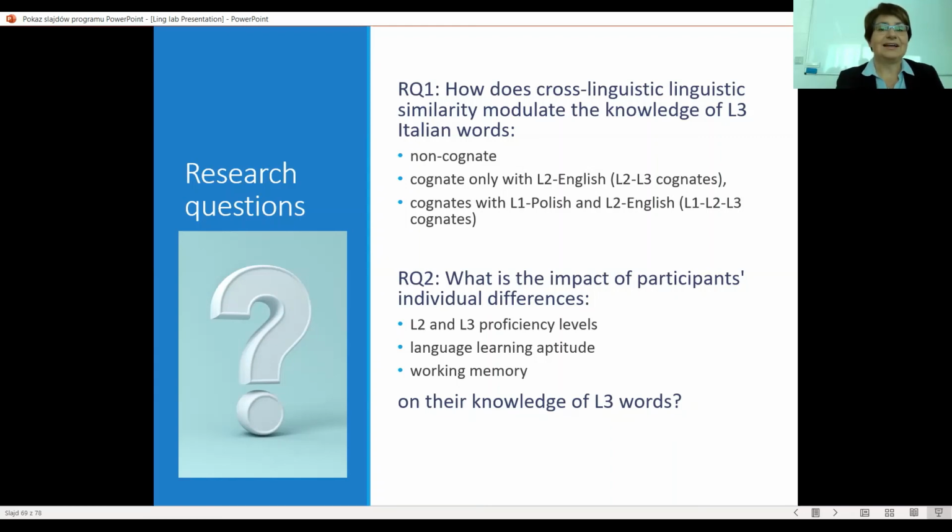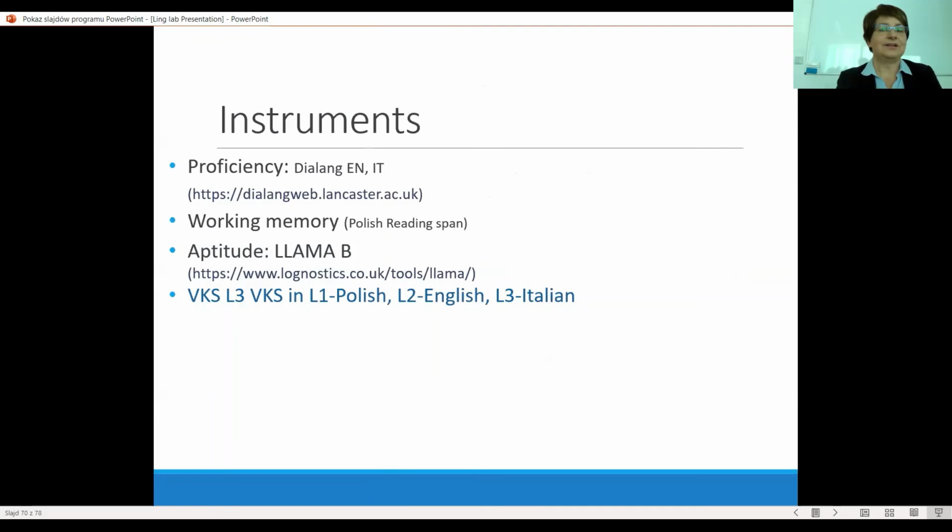So individual differences such as proficiency levels, language learning aptitude, working memory of the participants. Of course, we control for proficiency, working memory, and language learning aptitude, and we use a tool that is adapted, but it's not ideal, but we're doing our best.